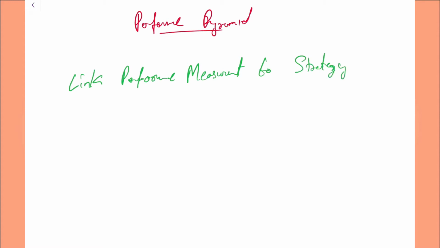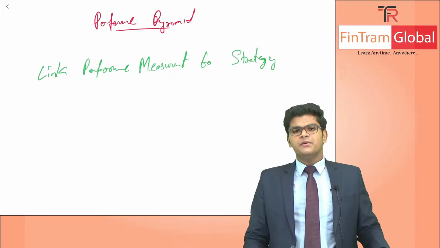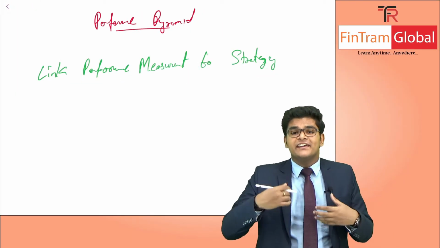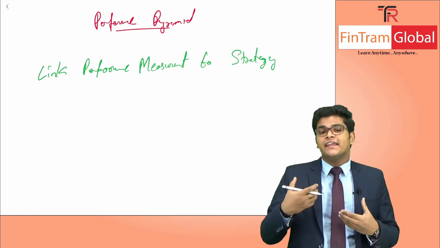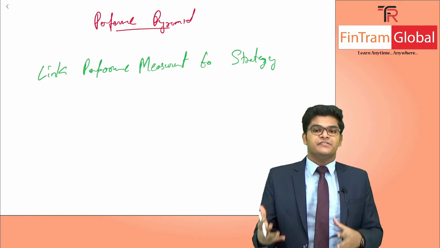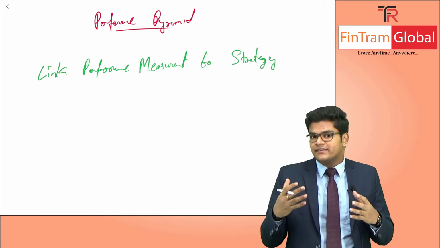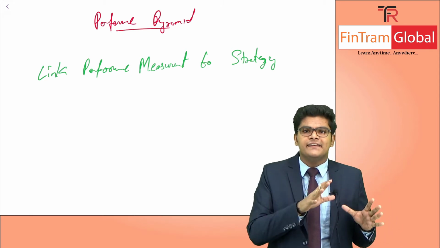Okay, folks. So in the performance pyramid, we link the performance measurement, why we're doing this, to the strategy. So what we are basically doing is taking a look at the driving factors behind a strategy, and then measuring those to identify whether we are going in the right path or not. So that's basically the idea here.